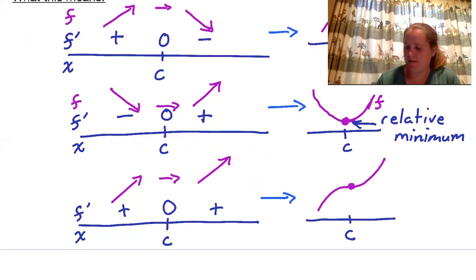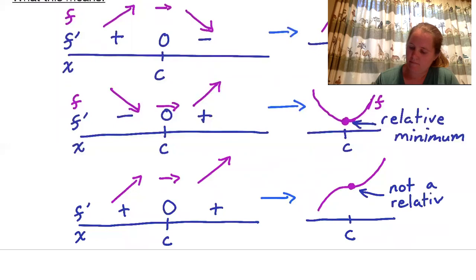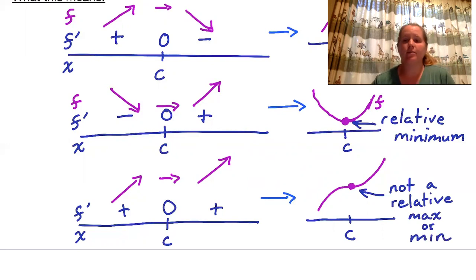And so this is not a relative max or a relative min. It's just a place where we level off briefly. We will actually call this point a point of inflection.